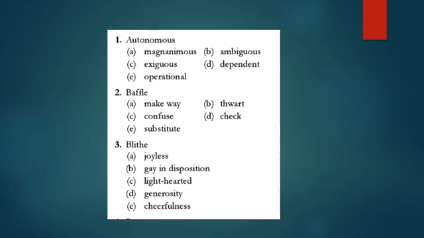Autonomous: magnanimous, ambiguous, exiguous, dependent, operational. Baffle: make way, thwart, confuse, check, substitute. Blithe: joyless, gay in disposition, light-hearted, generosity, cheerfulness.